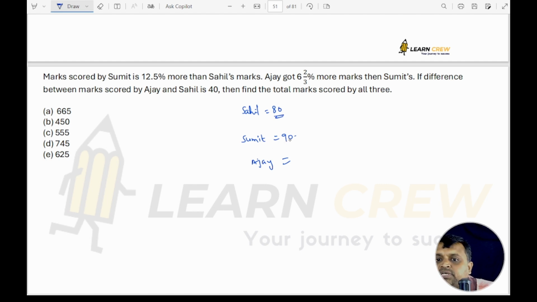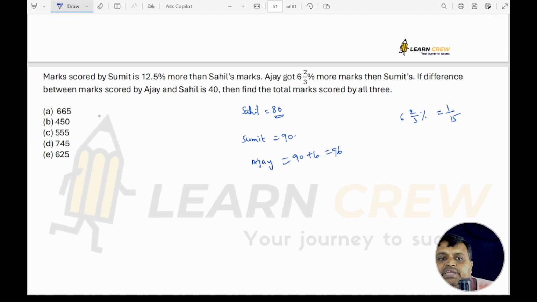Sumit is how much? 90. 6.2/3 percentage means how much? 1/15. 1/15 of 90 is 6. So 90 plus 6, which is 96, is Ajay's marks.